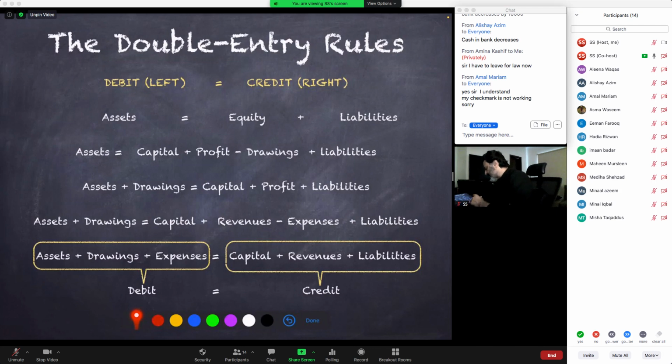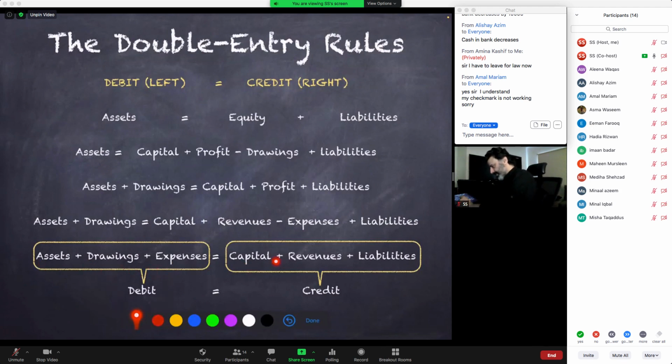So assets, drawings, and expenses, since they naturally exist on the left side of the accounting equation, we call them to have a debit nature by default. Their default nature is debit. That's how we refer to them in our double entry rules, or in accounting language, we will refer to them as carrying a debit nature by default.